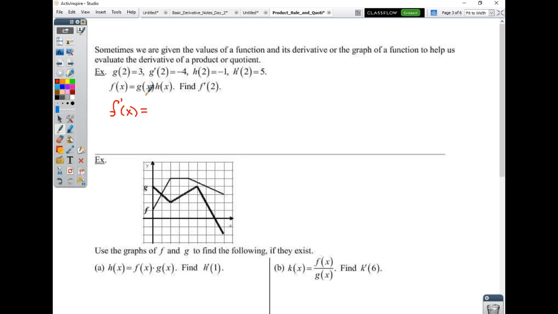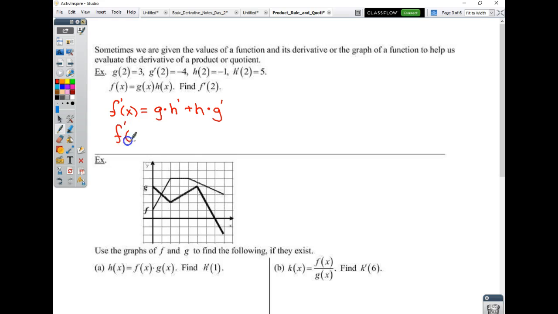So if this is a product rule, f prime of x can be written how? First times the derivative of the second plus the second times the derivative of the first. Notice I didn't put the x's with it. That's okay. It's simplifying down the notation a little bit. I'm calling them by their function names.